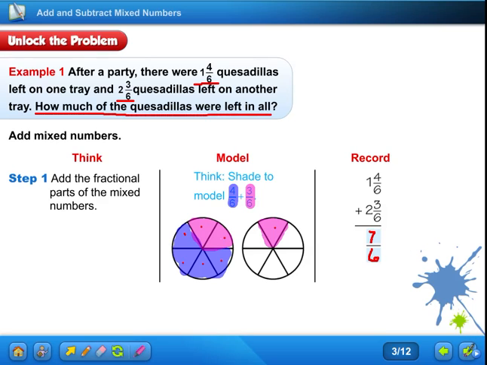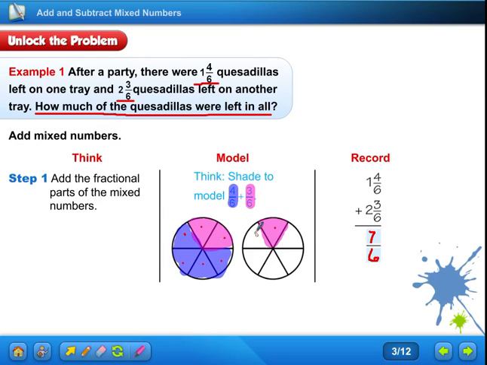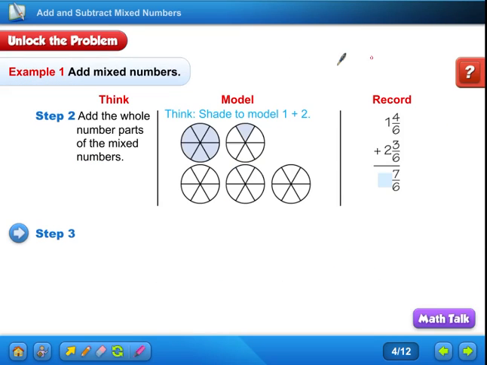Now let's go on to step 2. Step 2 says add the whole number parts of the mixed numbers. There are my fraction parts right there, that I shaded, now shaded right here for us. I need to do 1 and 2.